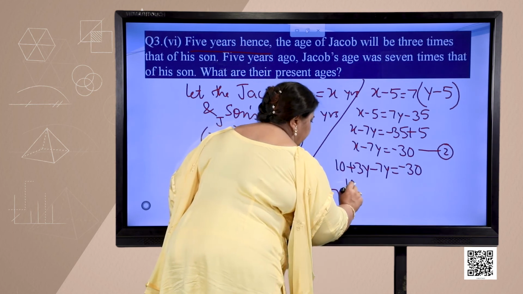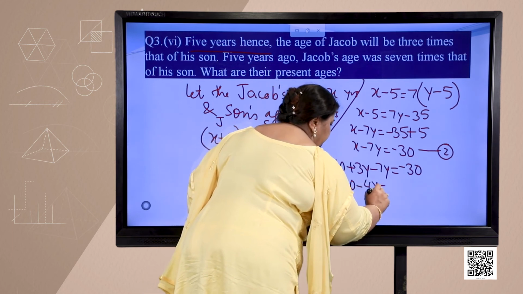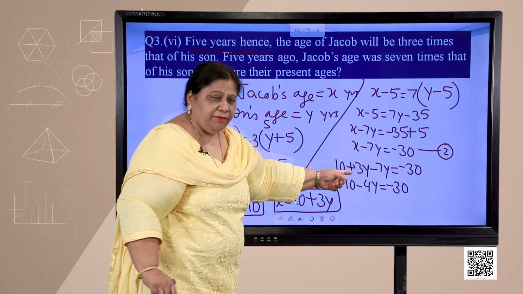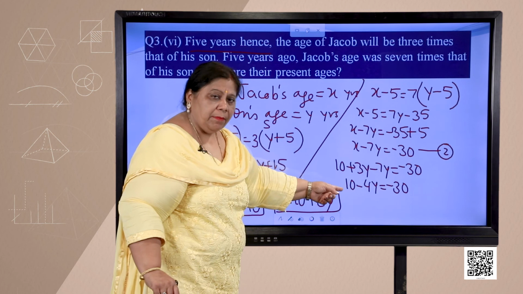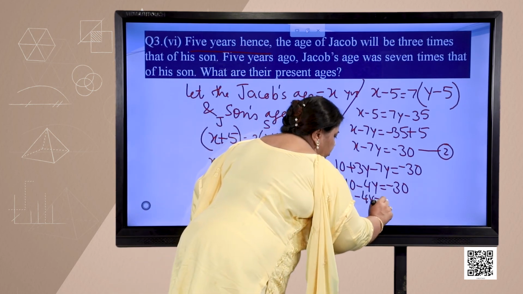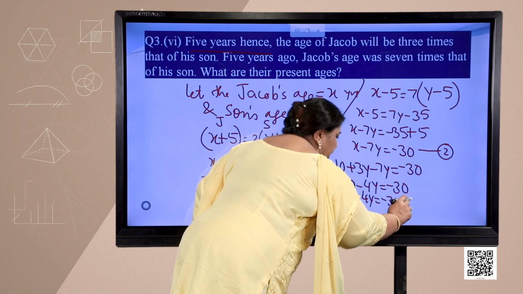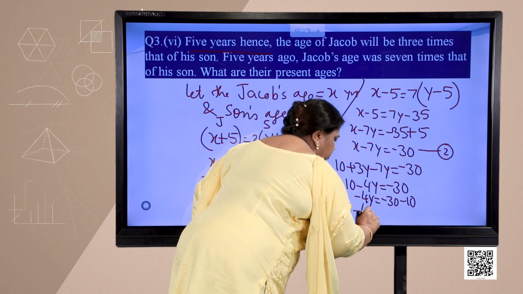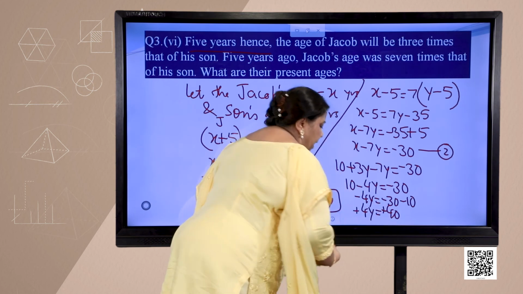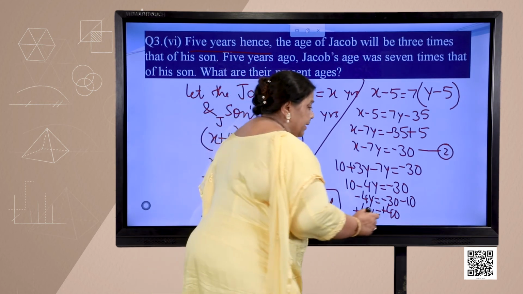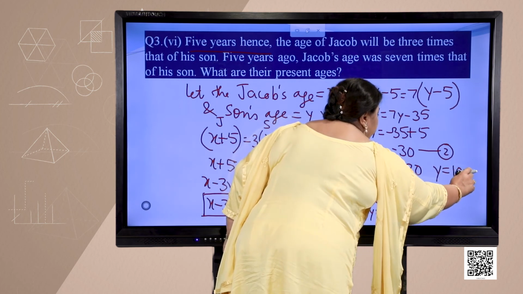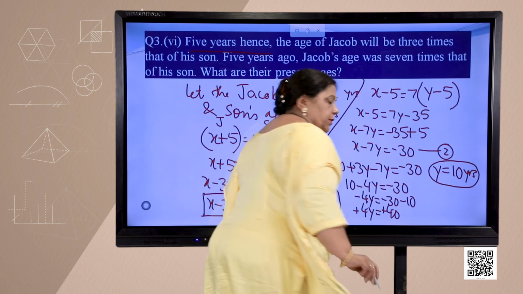That gives me 10 minus 4y is equal to minus 30, because minus 7y plus 3y will be minus 4y. So, minus 4y is equal to minus 30 minus 10. So, minus 4y is minus 40. In this way, I get the value of y as 10. That means Jacob's son is how much? 10 years old. Is it okay?